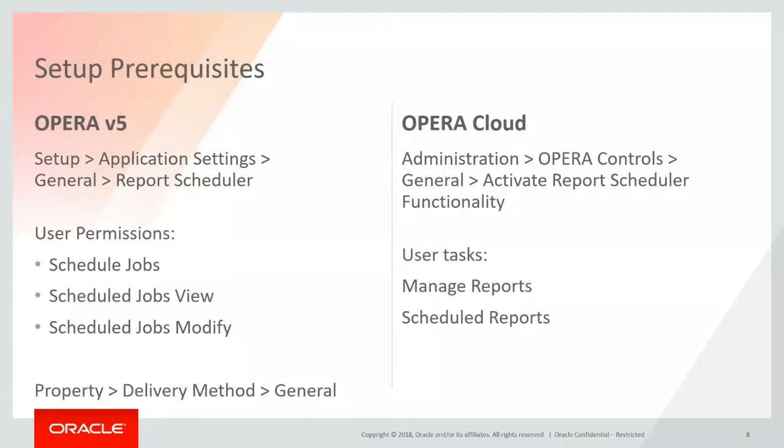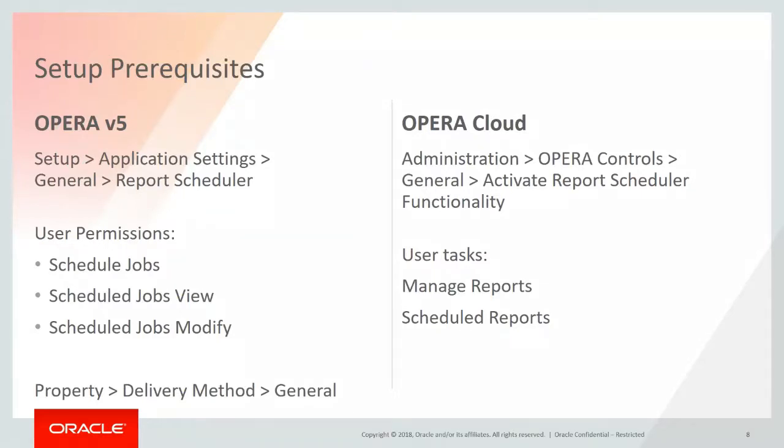So we will go through the prerequisites or requirements to set up report scheduler. If you are on Opera version 5, whether you're hosted or on-premise, the first thing you would need to do is go to your application settings in setup. And within the general group, there's a setting called report scheduler, which you will need to turn on.